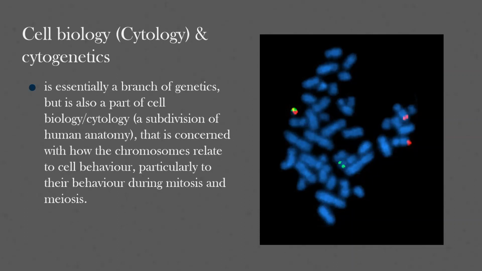Thus, it is concerned with how the chromosomes relate to cell behavior, particularly their behavior during mitosis and meiosis. Mitosis is when a single cell divides into two daughter cells, and meiosis is a special type of division.